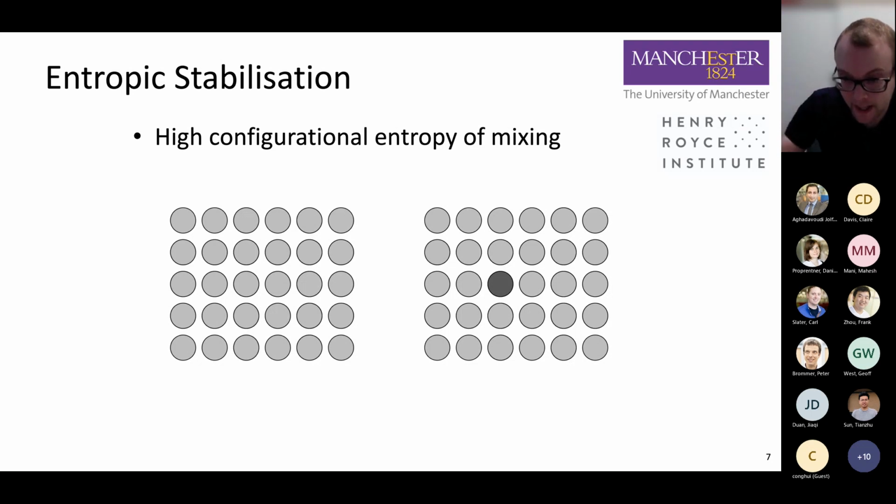As soon as I start adding atoms into that system, I increase the configurational entropy of mixing. The idea is that if I have a higher entropy term here, that means the solid solution that is formed has a lower Gibbs free energy term.